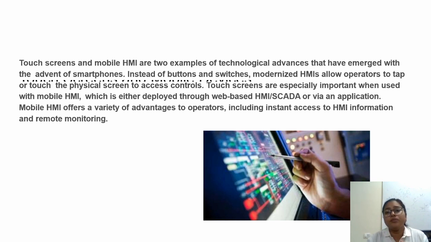So touchscreen and mobile HMI are two examples of technological advances that have emerged with the advent of smartphones. Instead of buttons and switches, modernized HMIs allow operators to tap or touch the screen to access controls. Touchscreens are especially important when used with mobile HMI, which is either deployed through web-based HMI or SCADA or via an application. Mobile HMI offers a variety of advantages to operators, including instant access to HMI information and remote monitoring.